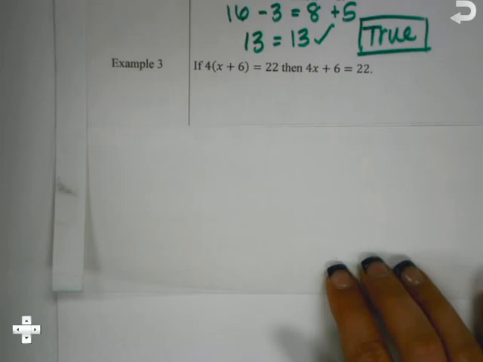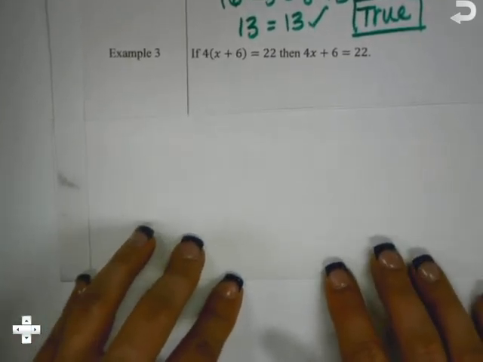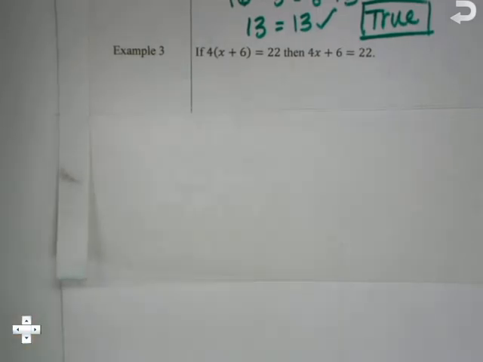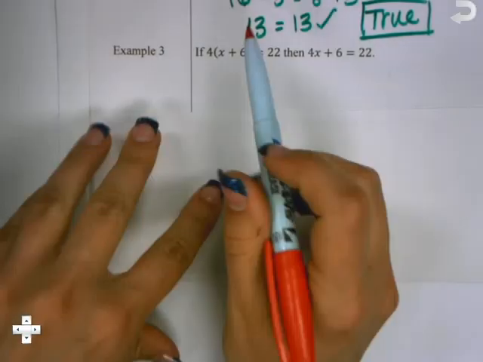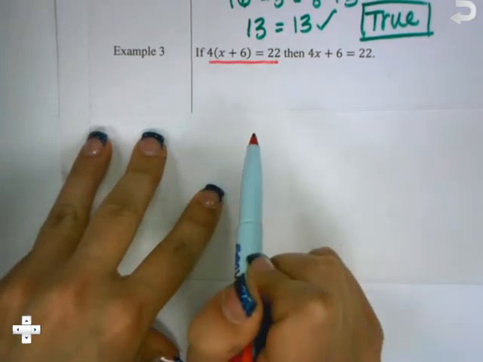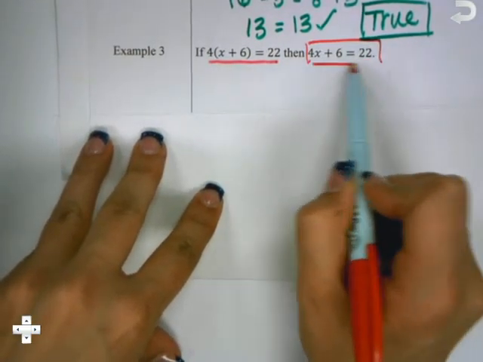Okay, example 3. What is my hypothesis here? If 4 times the quantity x plus 6 equals 22, then 4x plus 6 equals 22.